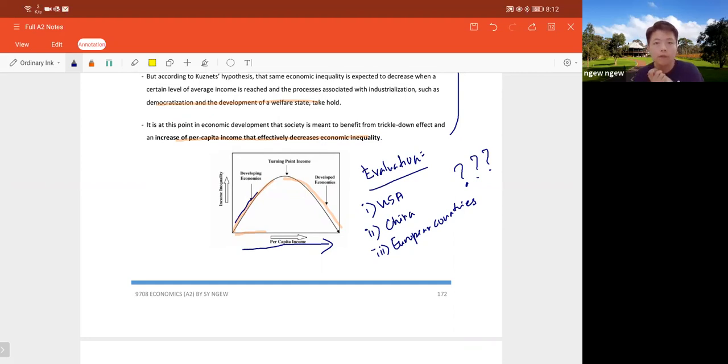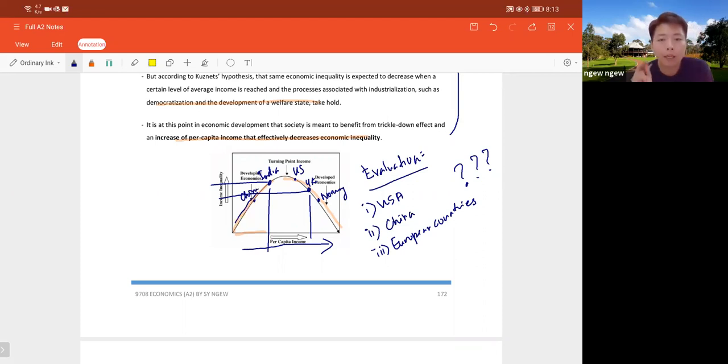Unfortunately, this Kuznets curve is just based on historical data, as in they plot the curve based on some historical statistics. So for example, Kuznets happened to see the data of the UK: UK GDP per capita is this much, and income inequality is this much. And then he went through India, GDP per capita is this much, then income inequality is this much. And then maybe the US, maybe Norway, maybe China.